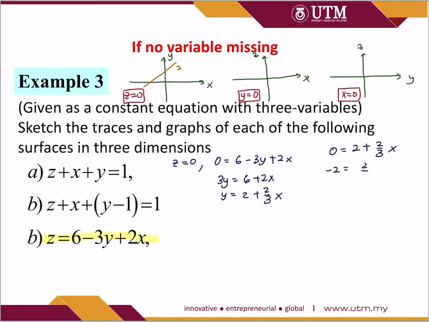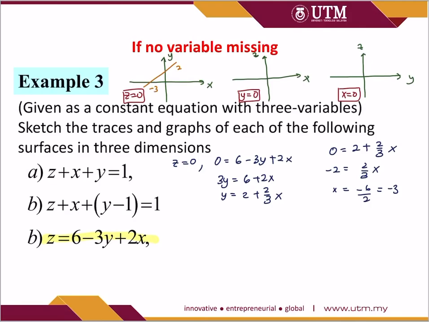Minus 2 equals 2 over 3x, so x is equal to minus 6 over 2, which is minus 3. So now we know that the intersection here is minus 3.